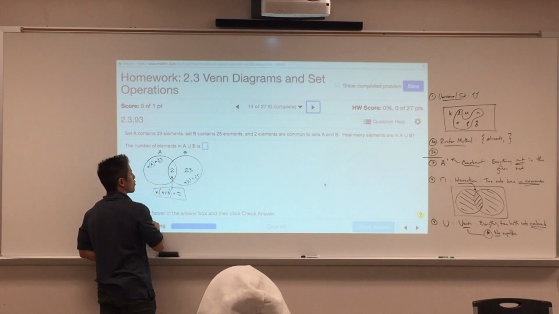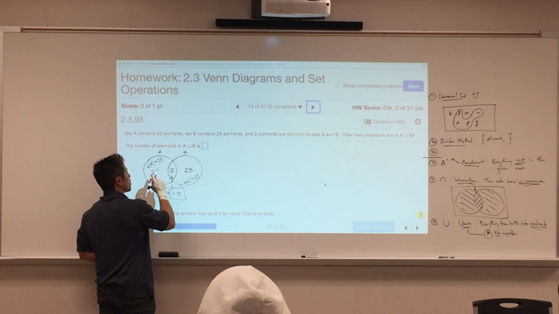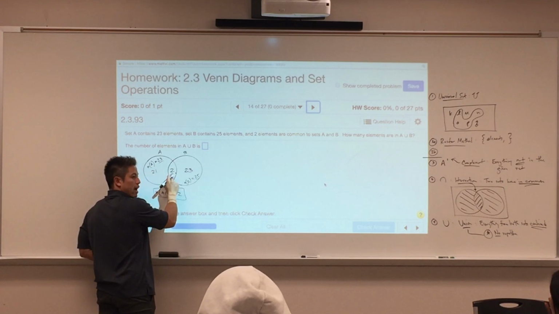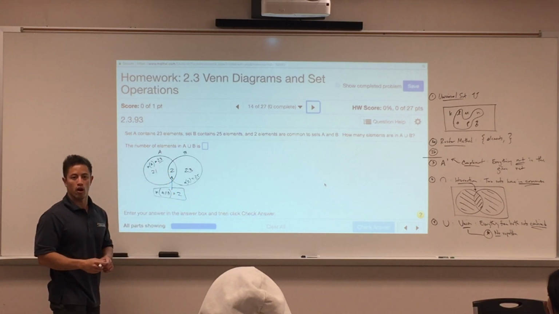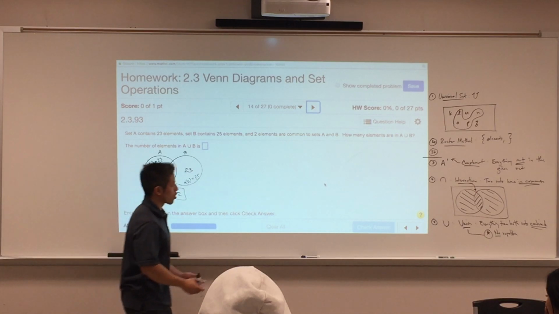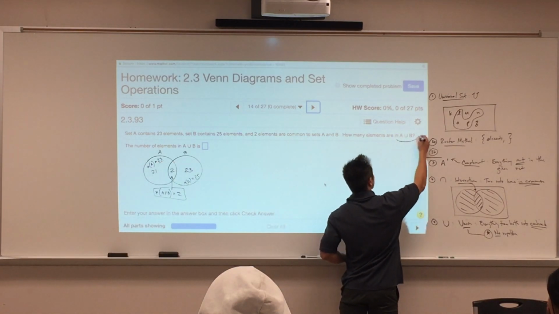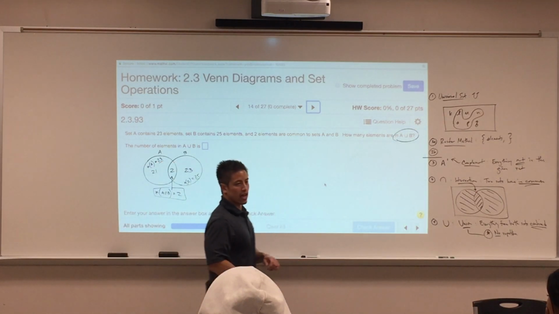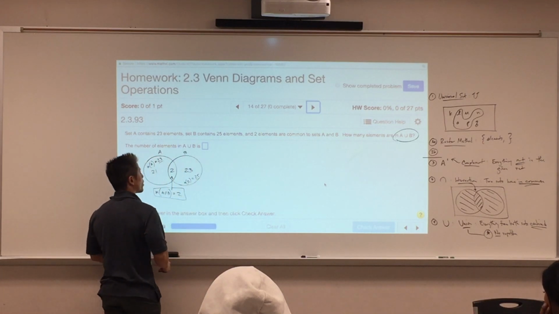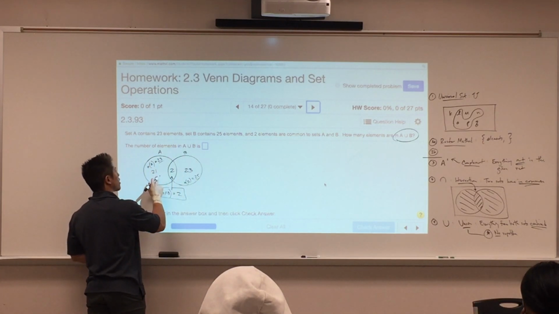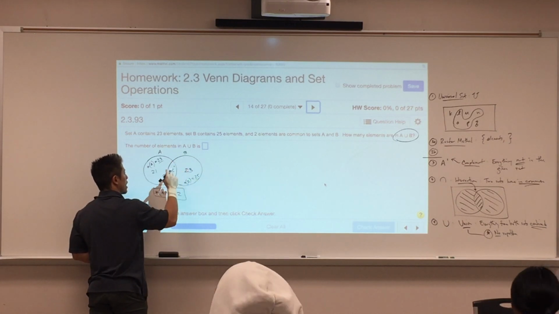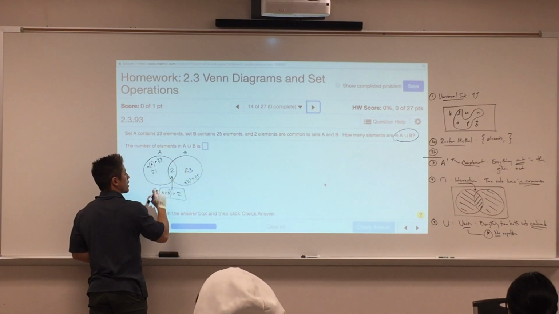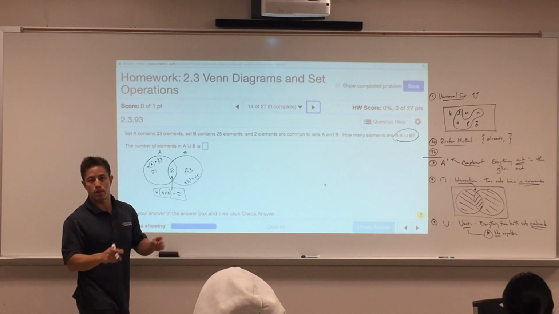What does that mean about this one? It means I should have only 21 here, because 21 plus what they have in common makes the total of 23 in that set. You guys following me? So therefore, when they ask you how many elements are in their union, well, we know the union's everything from A, everything from B, and their commonality without repetition.